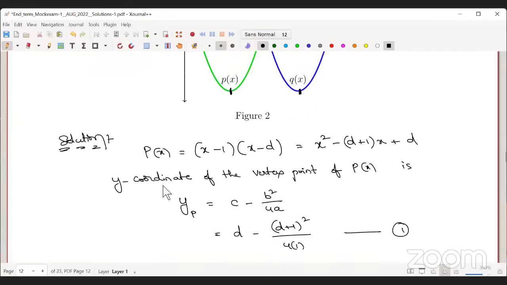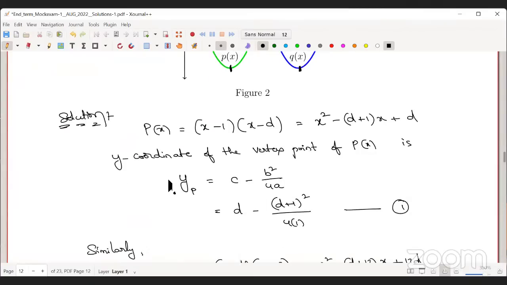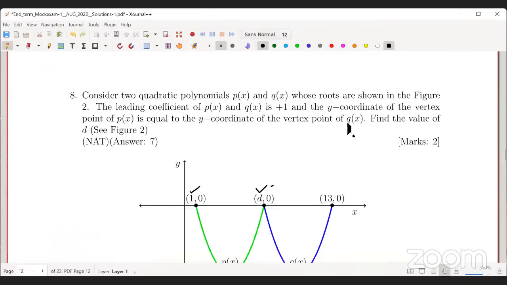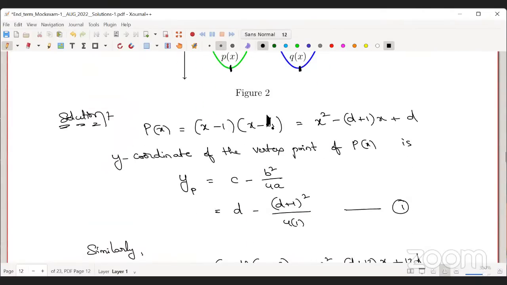Then what will be P(x)? You have two roots and the leading coefficient is 1. P(x) is (x minus 1)(x minus D), right? And what is the y coordinate of the vertex of P(x)?